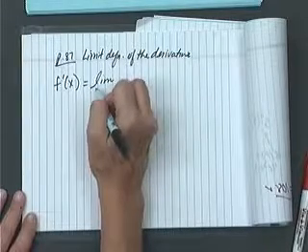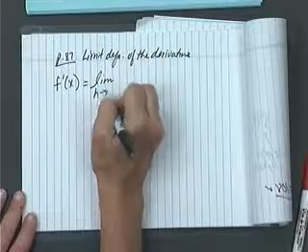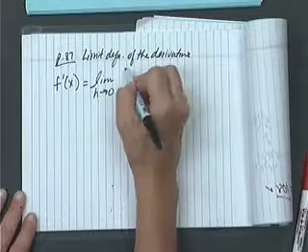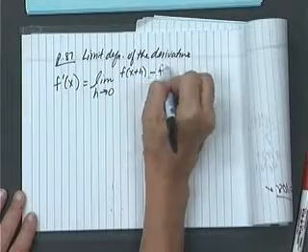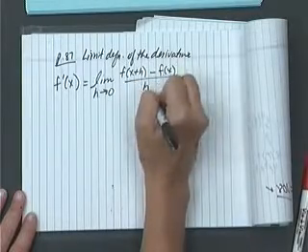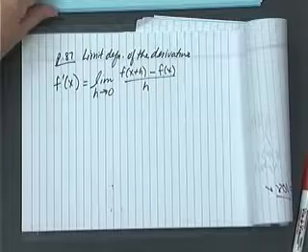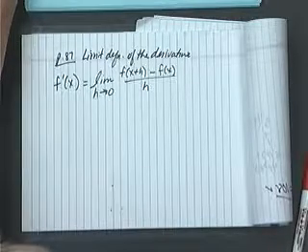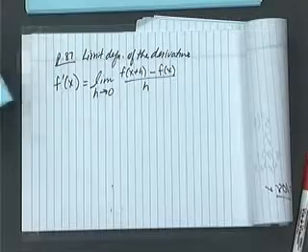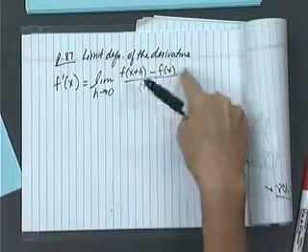Limit as h approaches 0, f of x plus h. Just to remind us where this is coming from, because if you can remember where it's coming from, then it's easier to memorize.